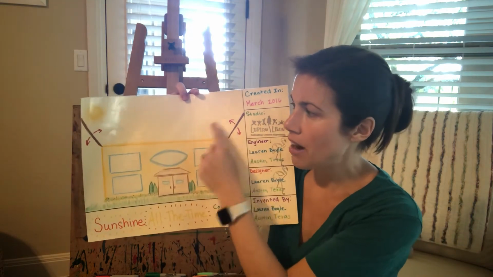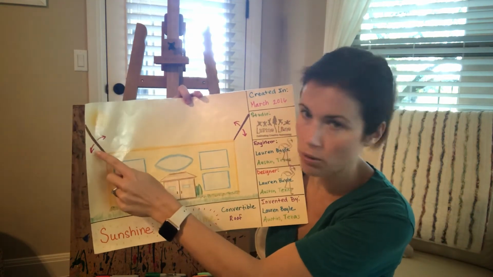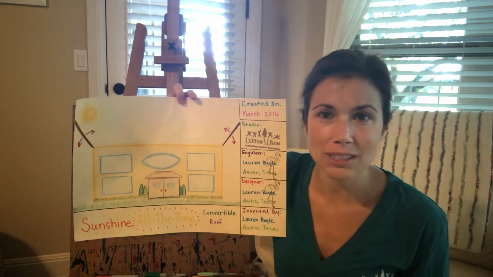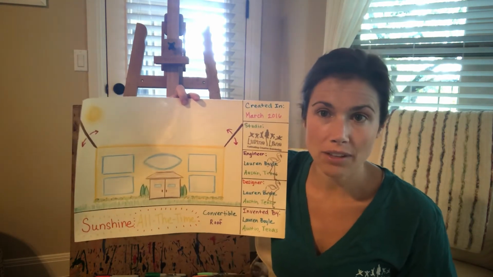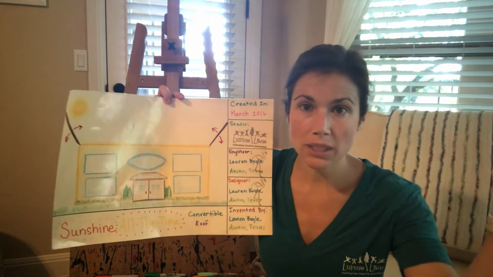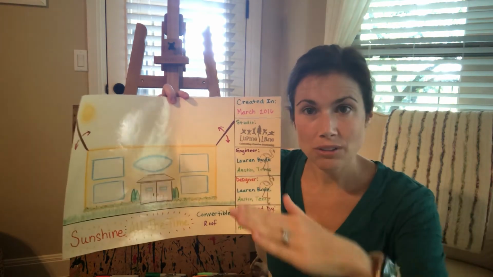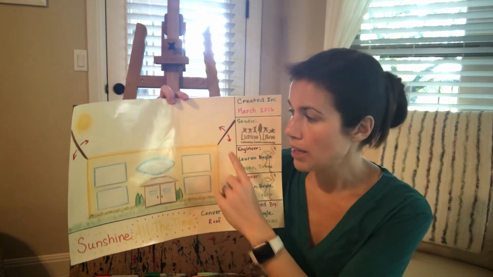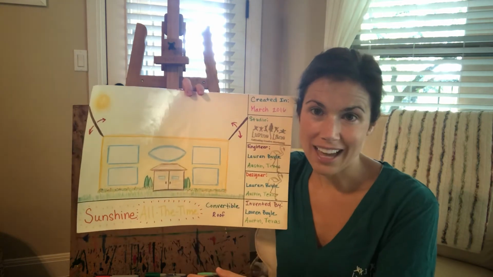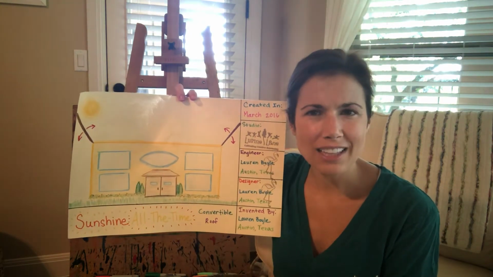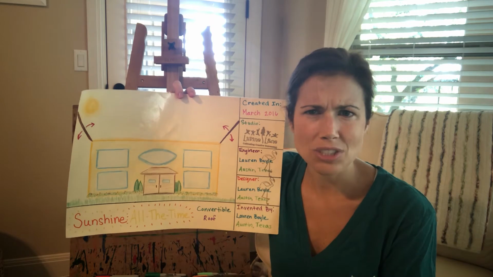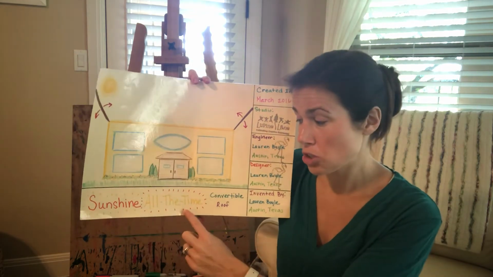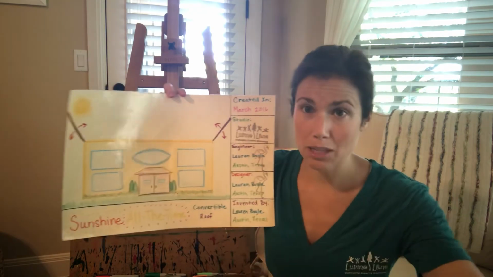You can see these arrows are on the roof because the roof closes and it opens, just like some of you have seen, or maybe even have, a convertible car where the roof opens when it's sunny and nice out, and then it closes when it's rainy or cold, so you can be protected from the weather. So this is a house that does that. I think the Dallas Cowboys Stadium does this too, but it's not something that houses have yet. So this is the Sunshine All the Time Convertible Roof, and it's going to be available to all.